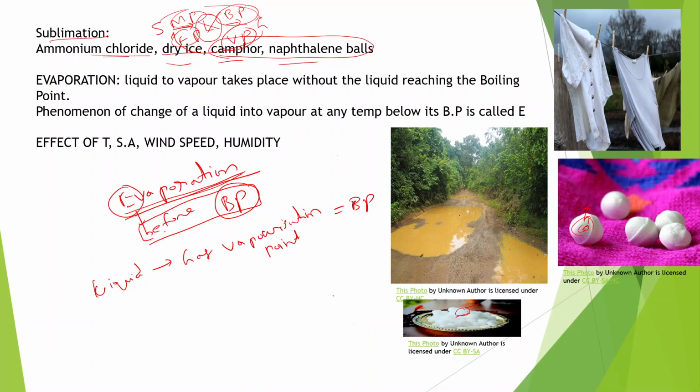In every state we will see these kinds of roads, and in the rainy season these are filled with water. After 2 or 3 days, if rain does not occur, what happens to this water is it will disappear, or only a little amount of water will be present in these pits.